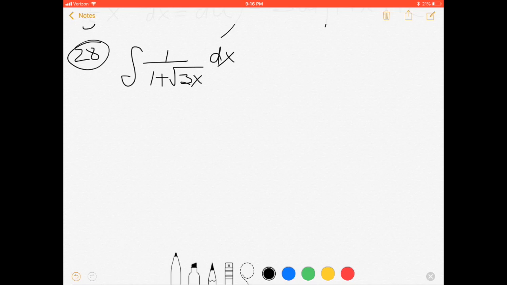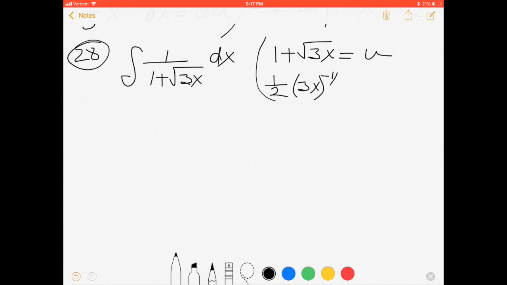Here we substitute the whole denominator with a new variable: 1 plus square root of 3x is u. Take the derivative: 1/2 times 3x to the negative 1/2 power, times the derivative of 3x, which is 3, and then dx, will be du. Okay, great.